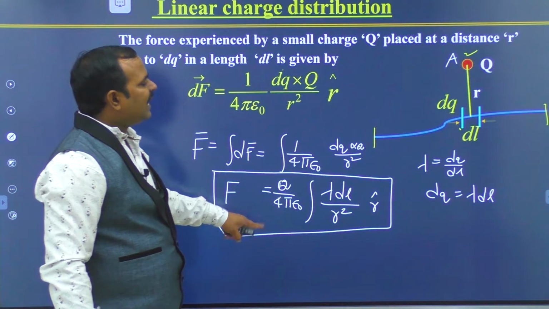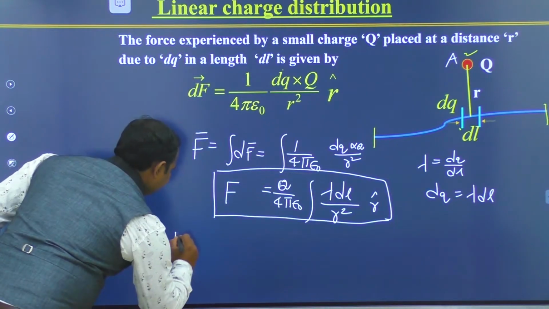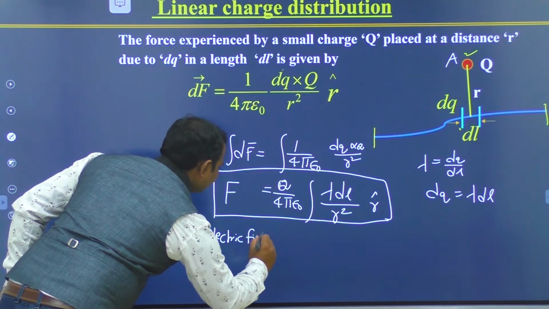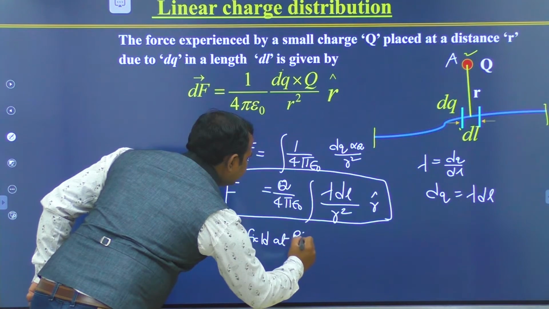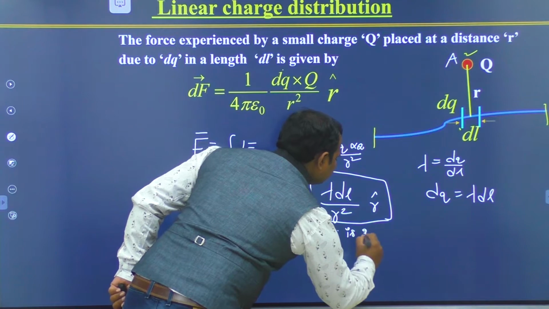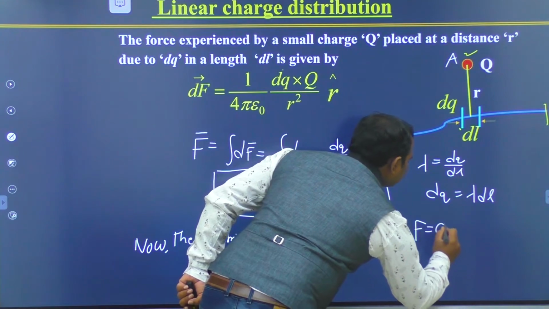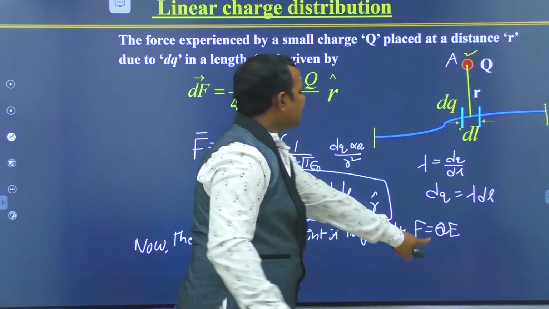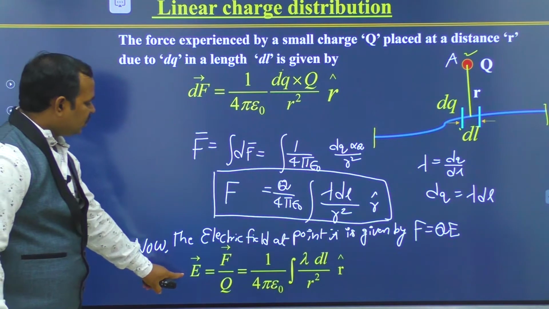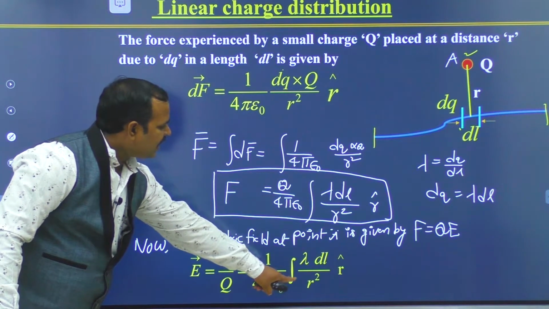Now if you want to find the electric field at this point A, F is equal to Q into E, because the unit charge here is Q. The electric field can be written as E is equal to F by Q, which is equal to 1 by 4 pi epsilon naught integration of lambda dl by r square r cap.